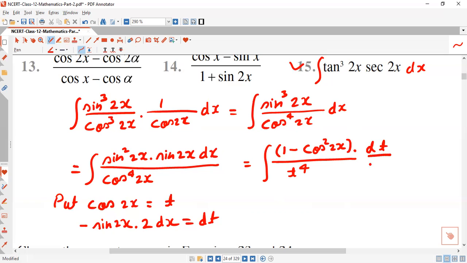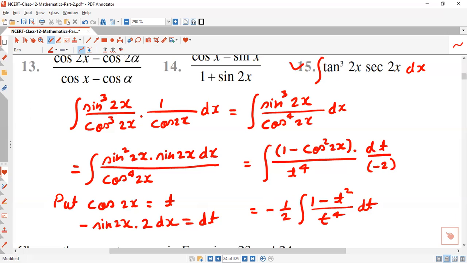Taking minus 1 by 2 outside, we have 1 minus t square upon t to the power 4 dt.